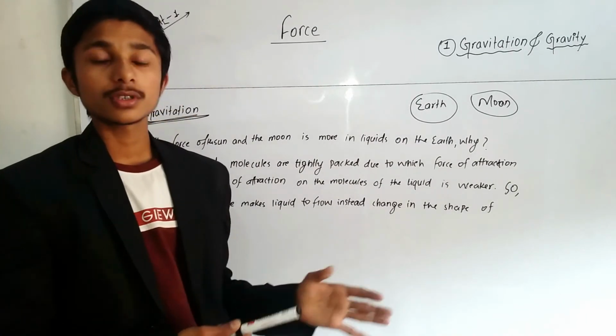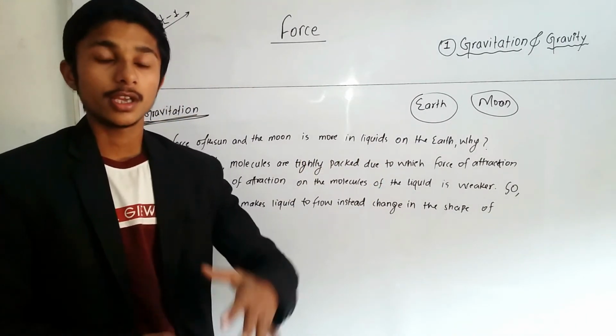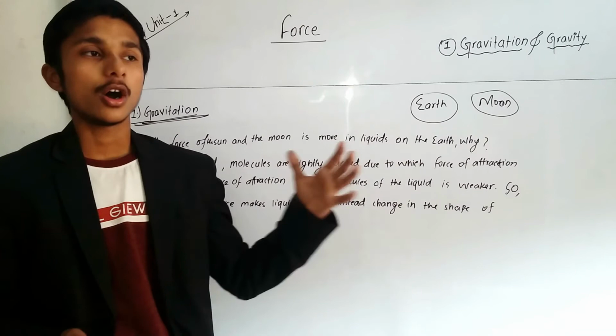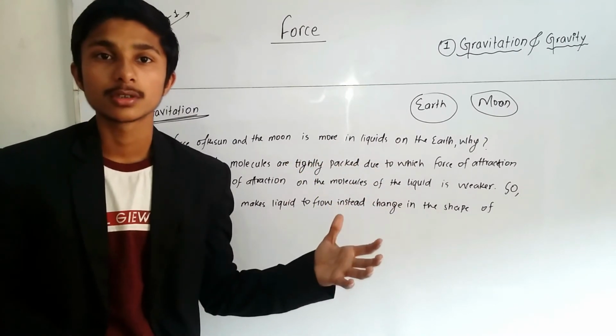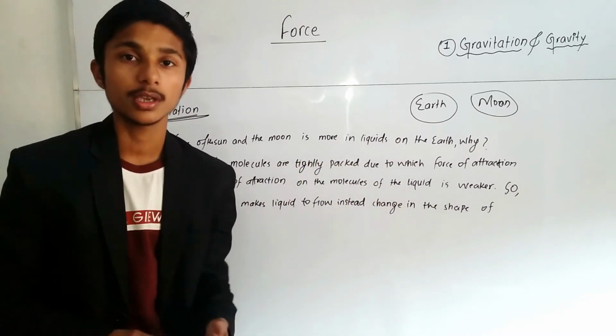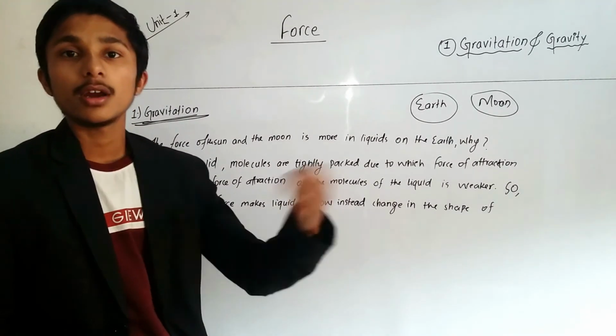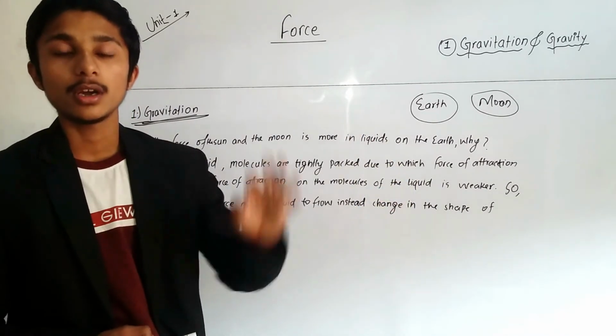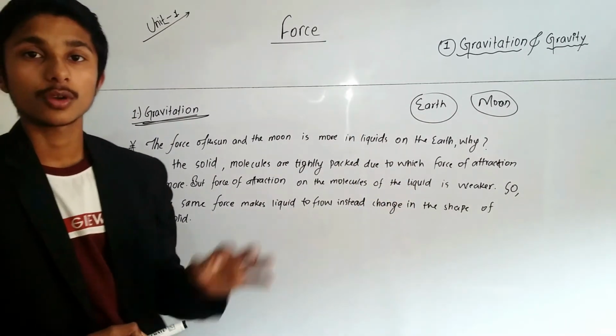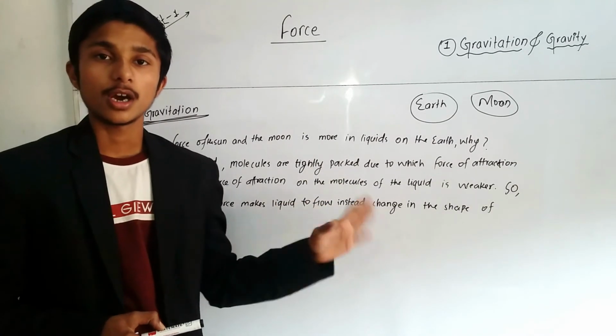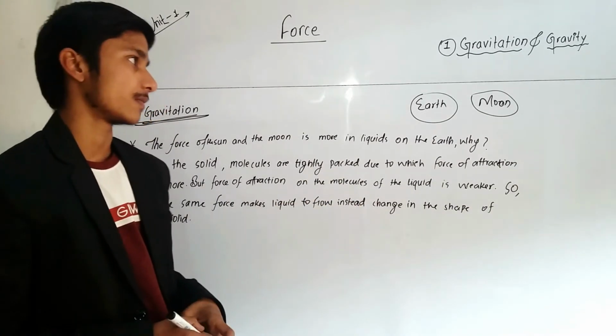So this is the force with which any heavenly body, suppose Earth, Mars, Jupiter, Sun, okay, attracts other bodies or objects, or pulls other bodies or objects towards its center.